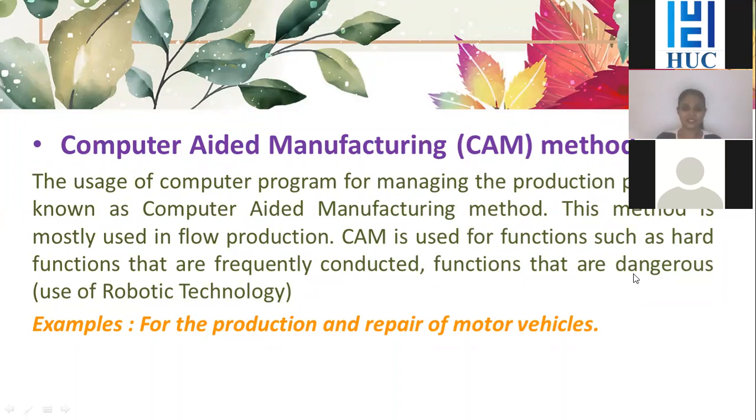Like for example, robotic technology is also one example. Using robots, they are doing some manufacturing processes. Especially the motor vehicle manufacturing industry, they are using this robotic technology, right? Okay, but sometimes not the whole production method. Few parts they are doing using this technology. So that kind of method we call computer aided manufacturing.